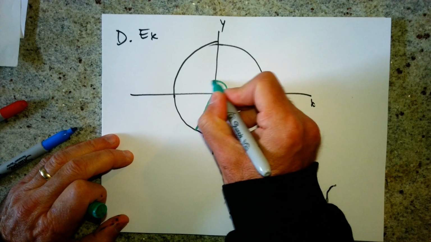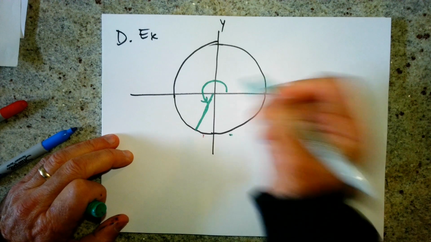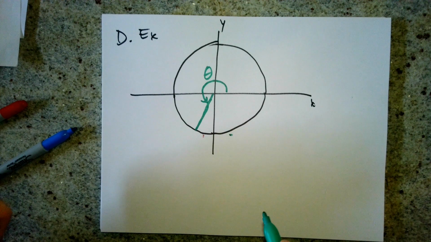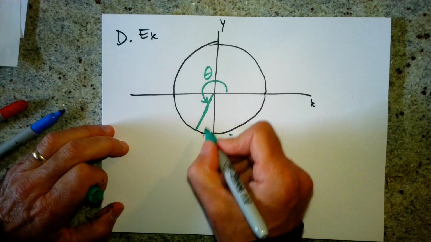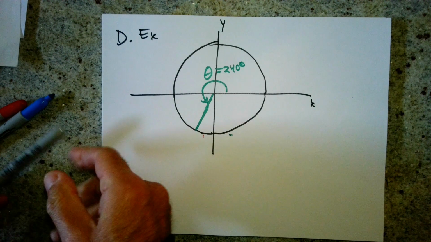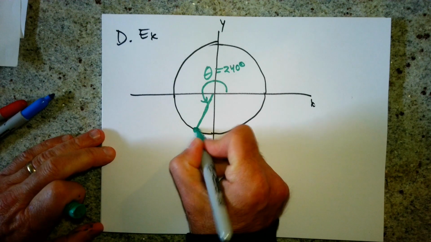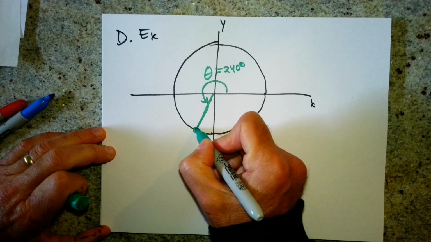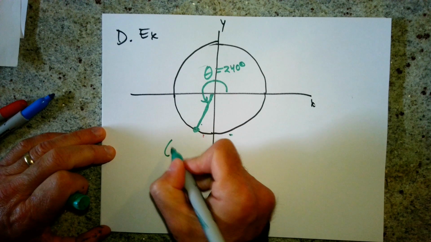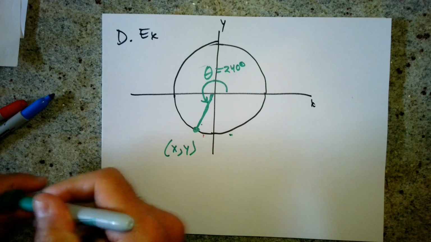That means all the way around like that. Okay, so that's our theta, all the way around like that. Okay, and we'll say this is 240 degrees. Okay, that dot there, created by the angle, it's the dot on the circle that's at the end of kind of the swinging door, okay, that has coordinates x and y.